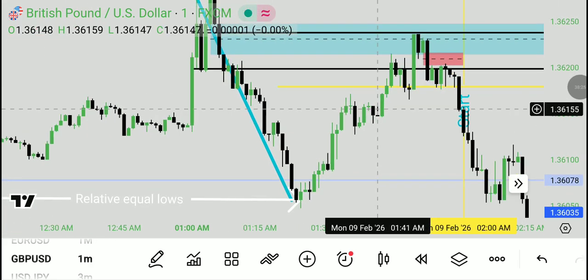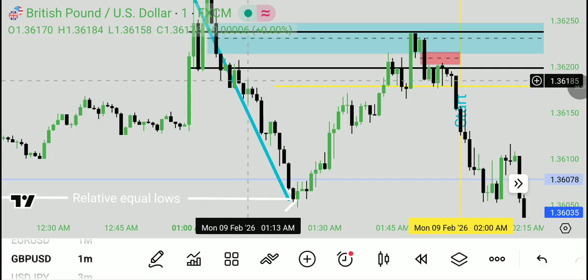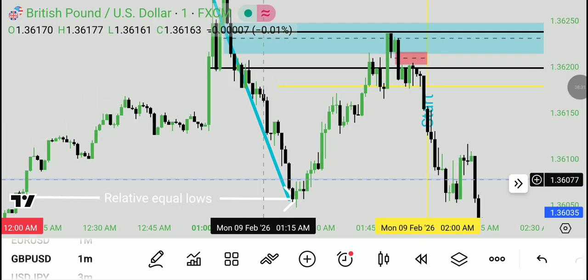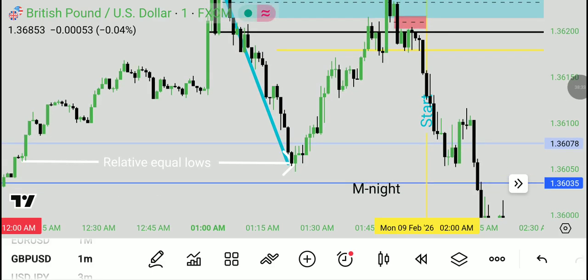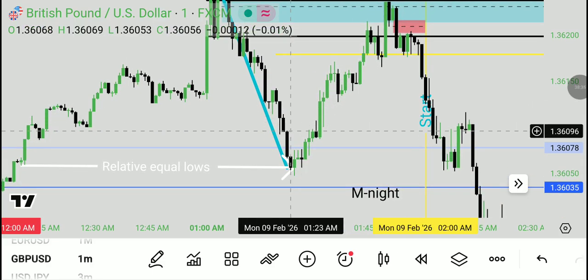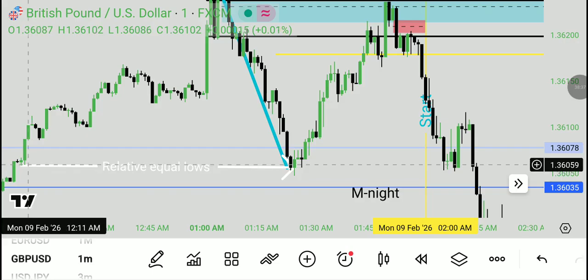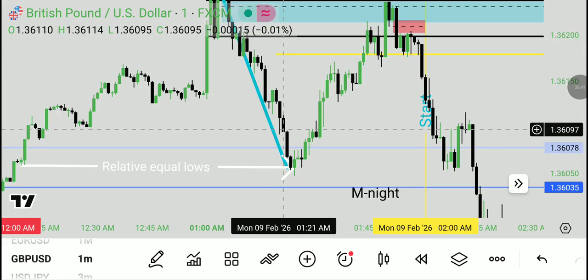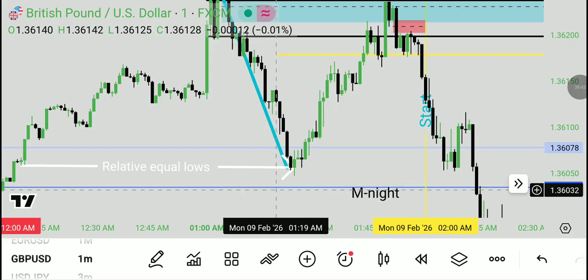When the market was coming down here, it only came down to form relative equal low with this low. From here, it did not take out the midnight candle. Hope you understand what I mean.